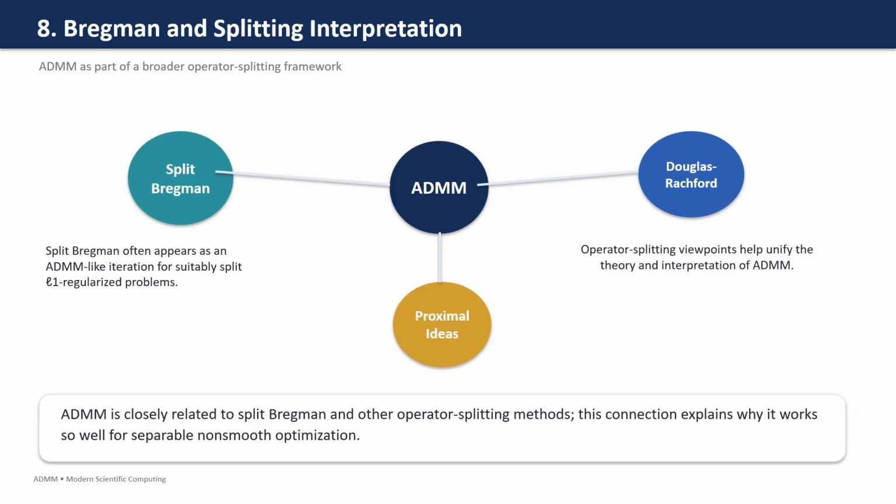Thus ADMM is a mix of these different families of methods known as operator splitting methods, and it separates the hard problem into simpler operator updates, where dual or Bregman variables coordinate consistency between these two updates.